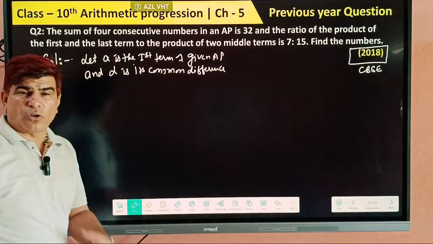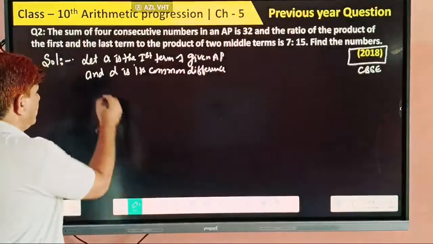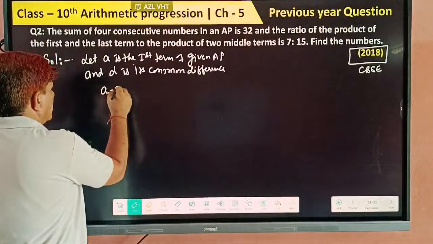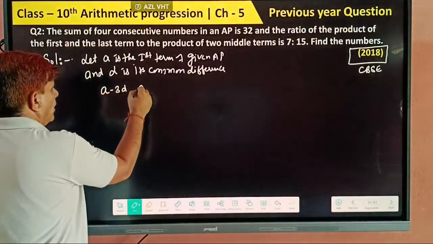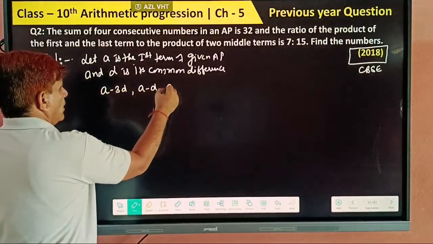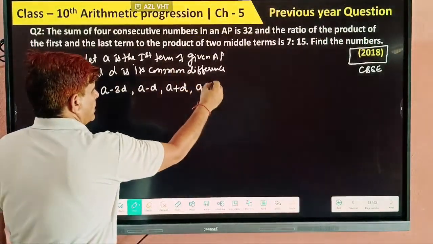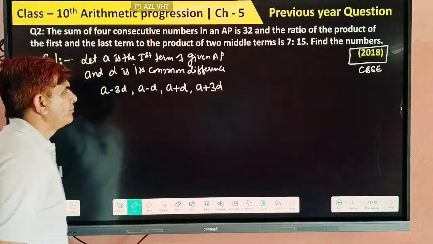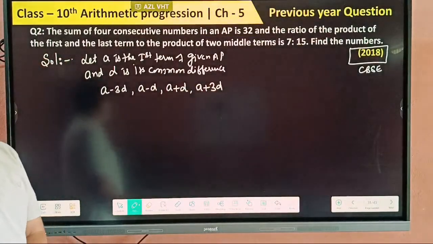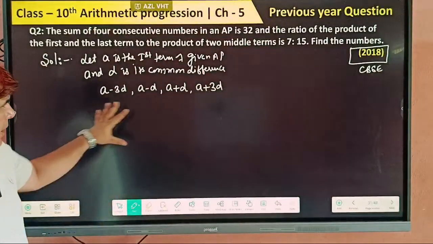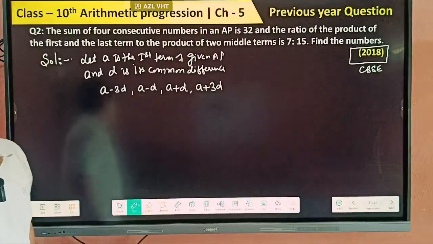So what are the 4 consecutive terms of the AP? We take A minus 3D, A minus D, A plus D, and A plus 3D. Understood? We can assume like that.